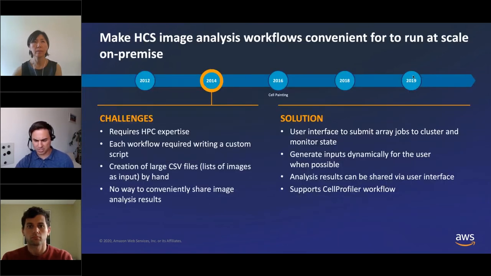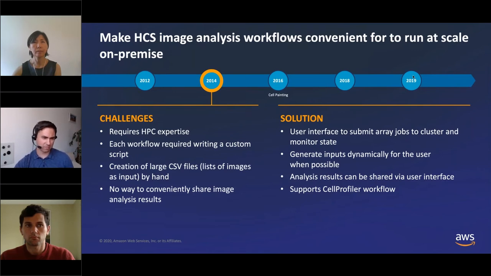So we move into 2014, and then quantification becomes more important. The challenges at this point were, well, they had the app to view the images. They had a whole bunch of custom scripts that people were maintaining to manually submit image analysis jobs to extract features on the on-prem HPC cluster. So it required writing a lot of custom scripts, and the inputs to these files were often curated manually or with custom scripts again.